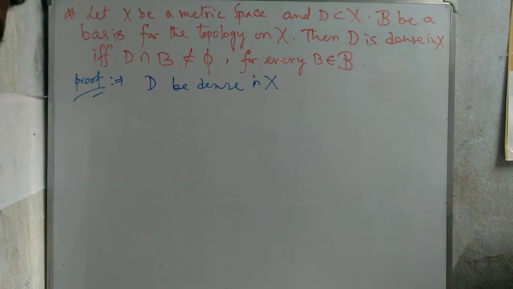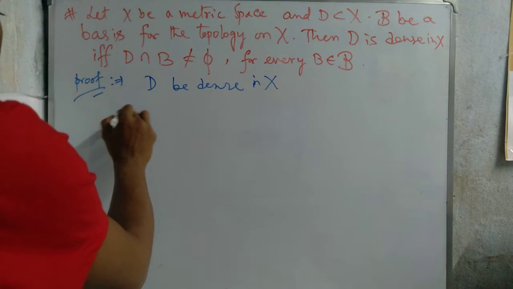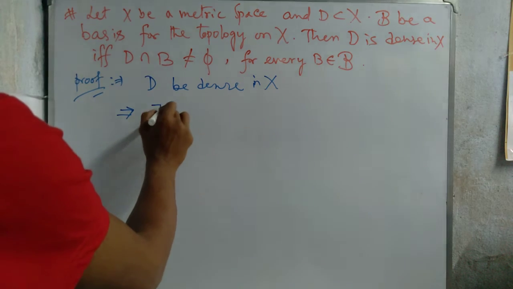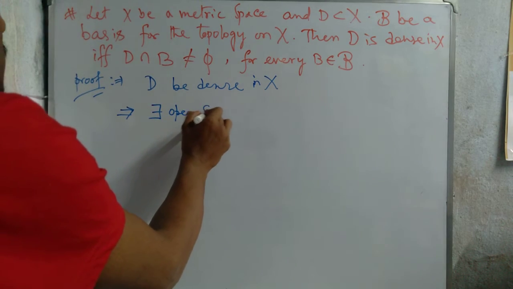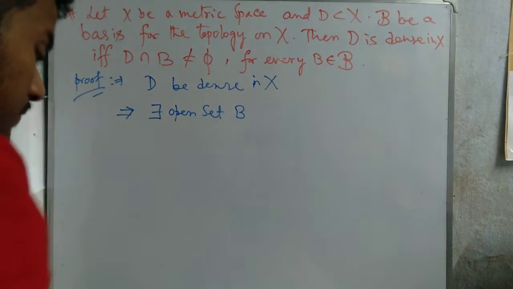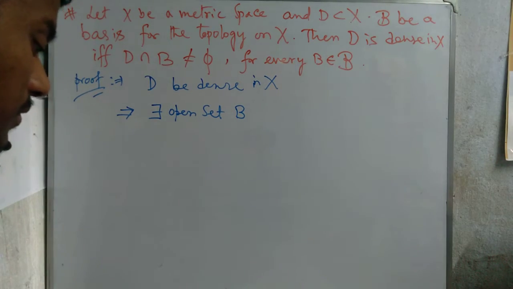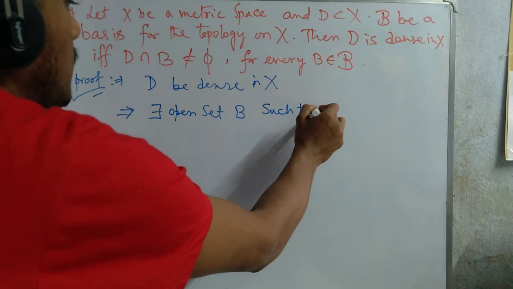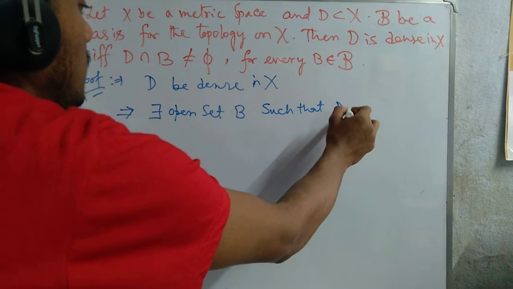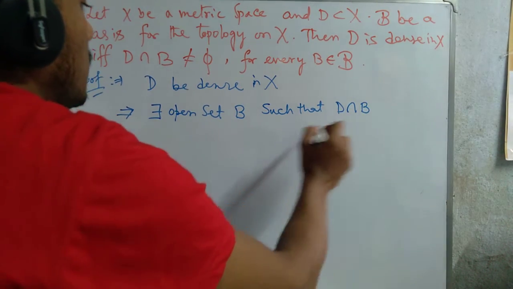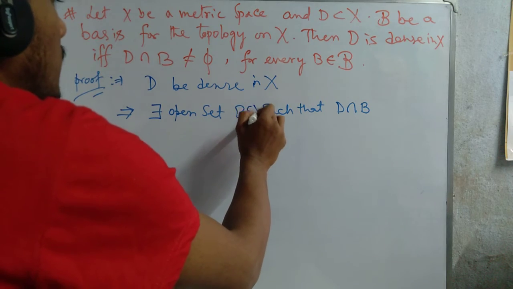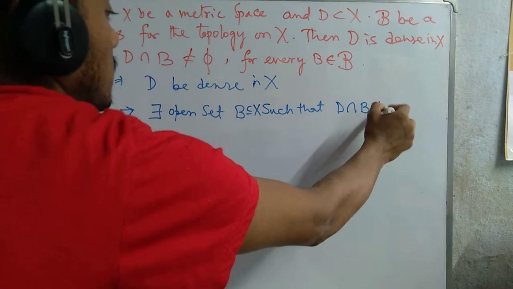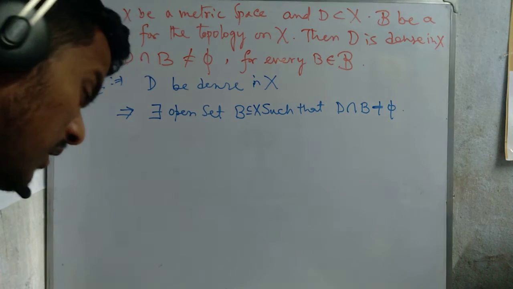D is dense in X means, from the definition of dense, there exists an open set B such that D intersection B, a subset of X, is not equal to phi.